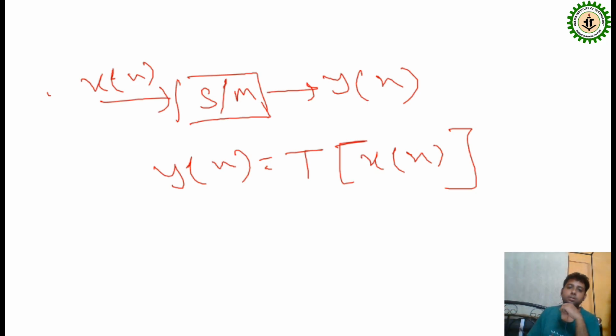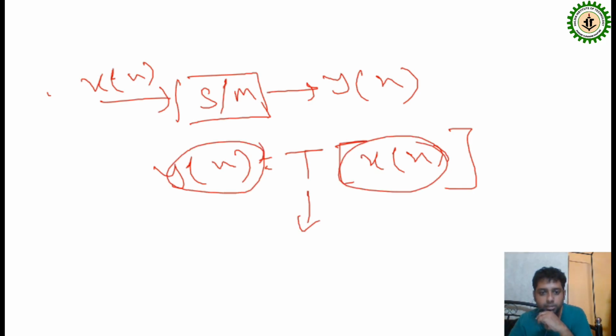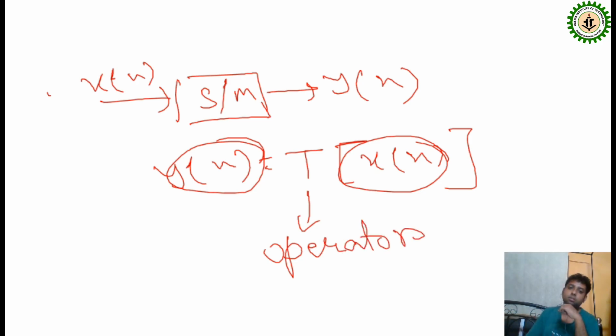What is a system? A system means that after performing some operation on the input signal, we get some output signal. That means y(n) is equal to T of x(n), where we represent T as an operator. After performing some operation on the input signal, we get the output signal, so that's why T is called the operator. In this way we represent the system.